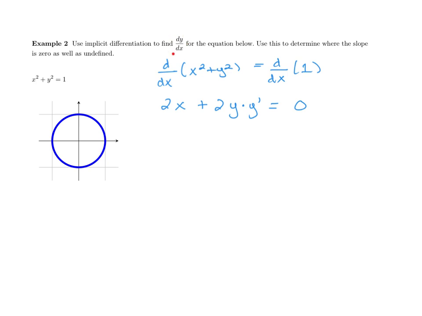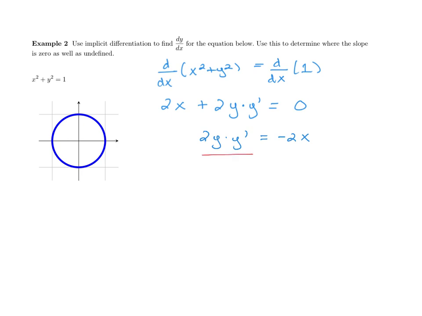If we're looking to find dy dx, which is the same thing as y prime, I can take this equation and solve it for y prime. So there's no calculus at this point. We're essentially just solving an equation for this. I'll subtract 2x to the other side of my equation. I get 2y, y prime is equal to negative 2x.